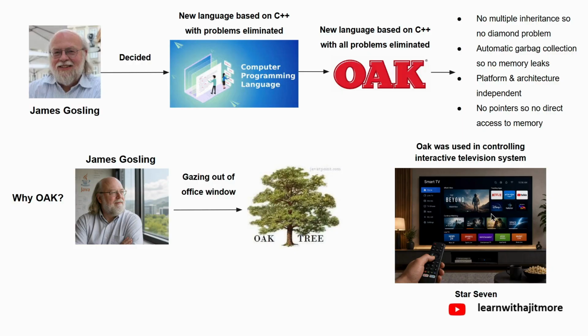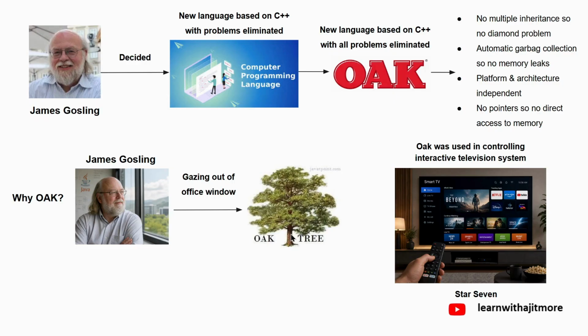Okay, the Star 7 project was there. And meantime, they gave time to mature Oak, right? This Oak language. Mature, meaning, you understand? It's not like when your parents say that let us give them time to grow up. Now they are small. If they grow up, they will become mature. So, in short, here, mature means what?